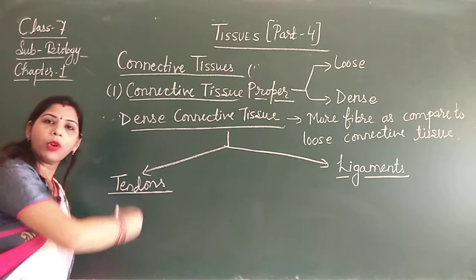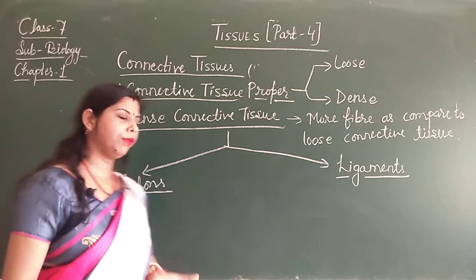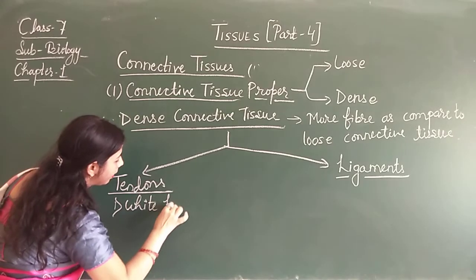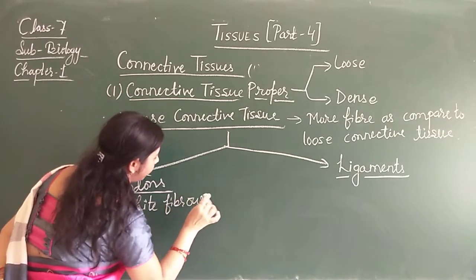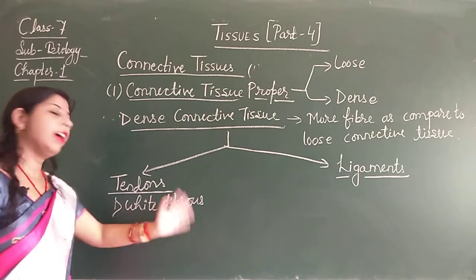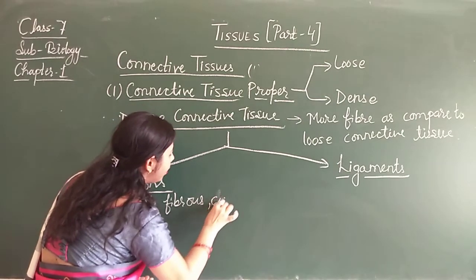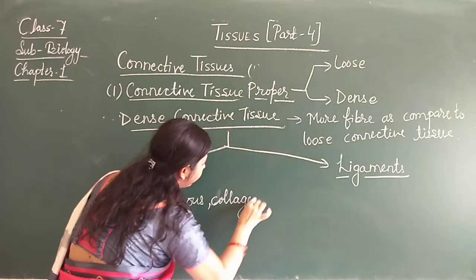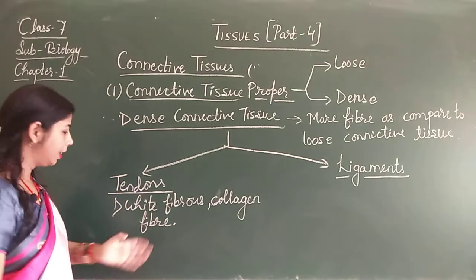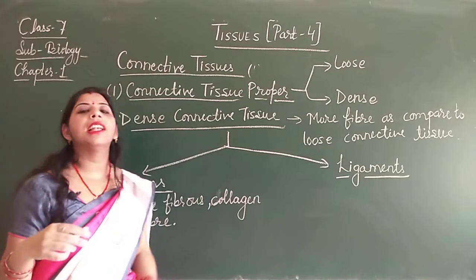If we discuss the tendons, tendons are made up of white fibrous cells. In tendons, besides white fibrous cells, they also have collagen fibers, and they form a cord-like structure that is inelastic.